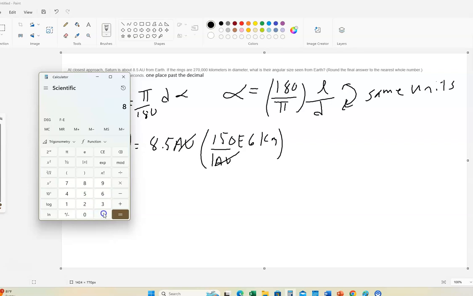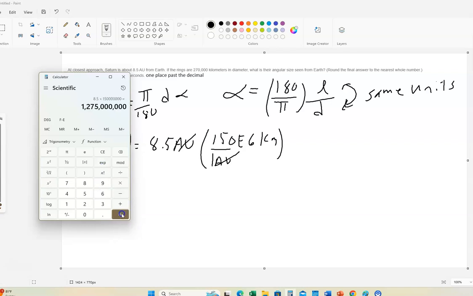Remember, one astronomical unit is the distance between Earth and the Sun, but at this point in Saturn and Earth's orbit, they're 8.5 astronomical units apart, and so we multiply that times 150 million, which is times 10 to the 6th.